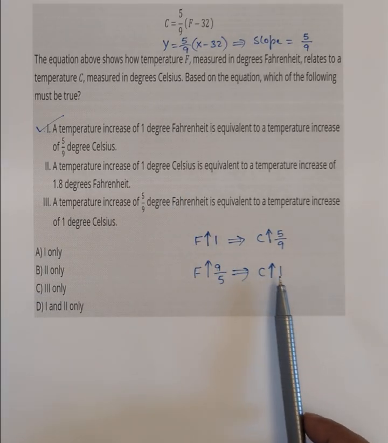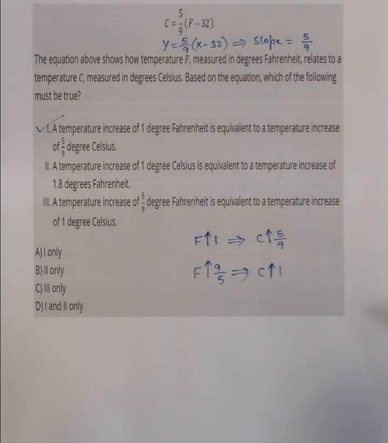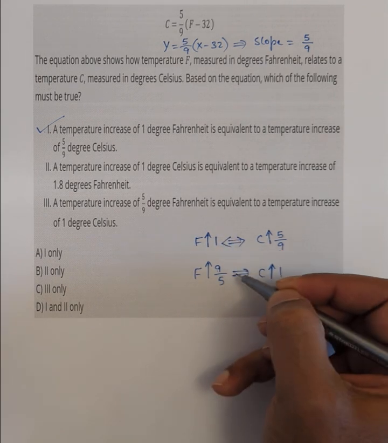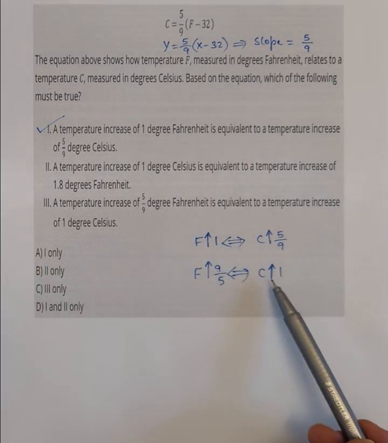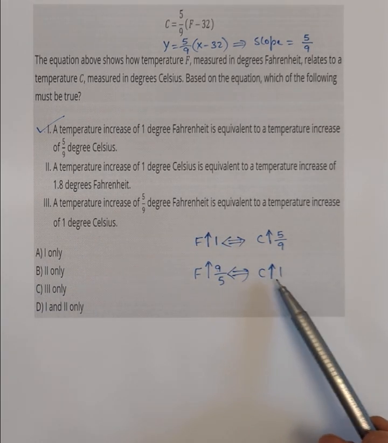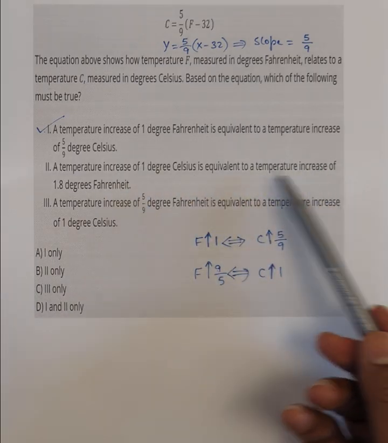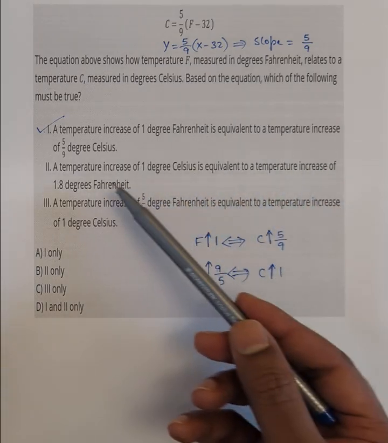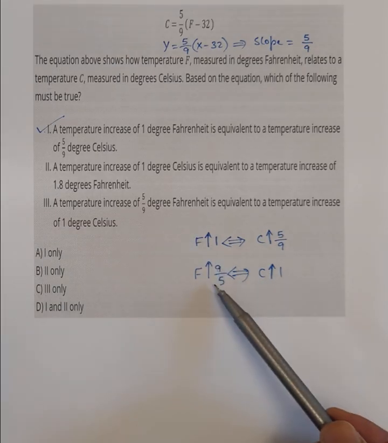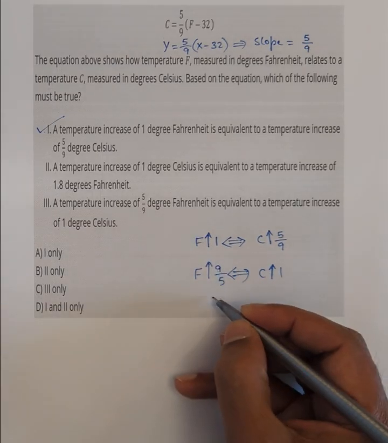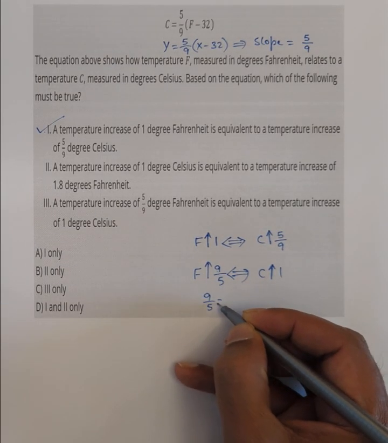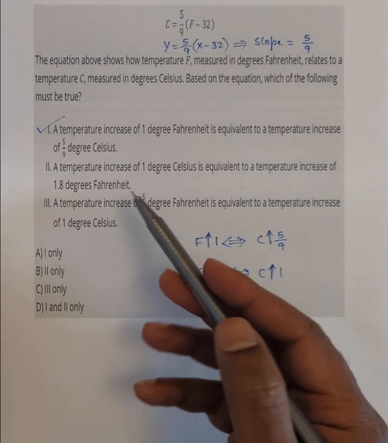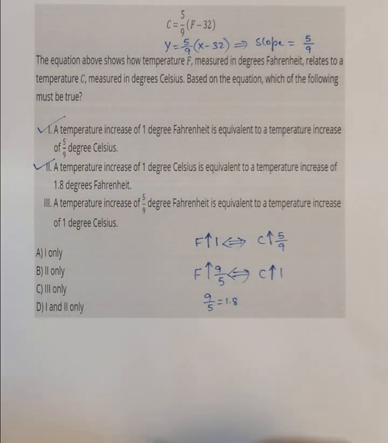Actually, these are equivalent. They can go in both directions. So if C goes up by 1, then it's equivalent to a temperature increase of 9 over 5, which is the same as 1.8. So this is also true.